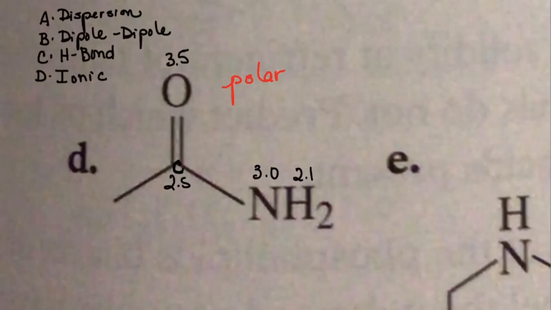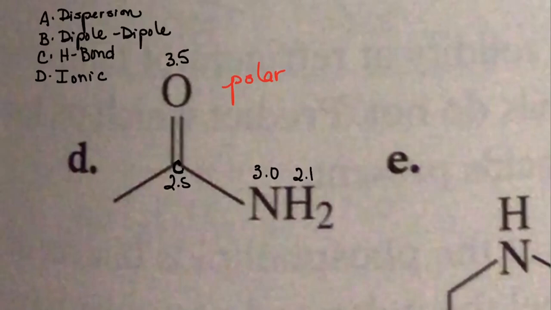So let's put the letters. Love to see those ABCs, okay? A, because it has electrons. Dipole-dipole because it's polar. And H bond because we have hydrogen bonded to nitrogen.